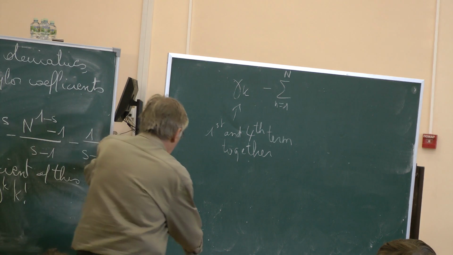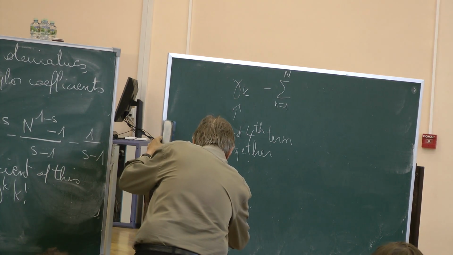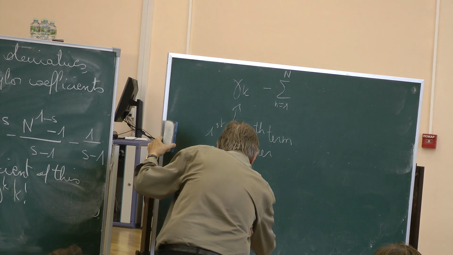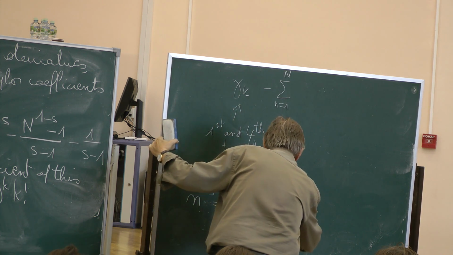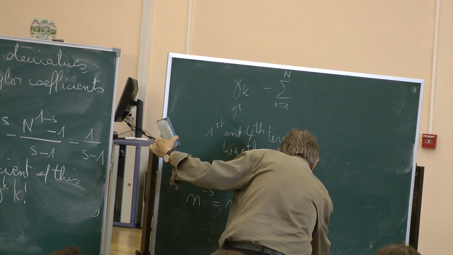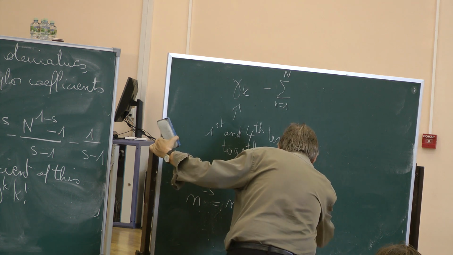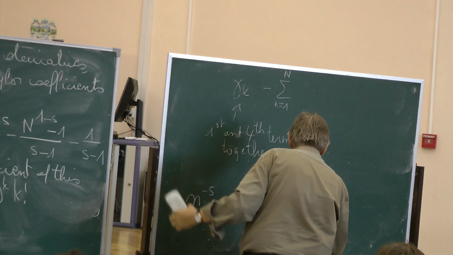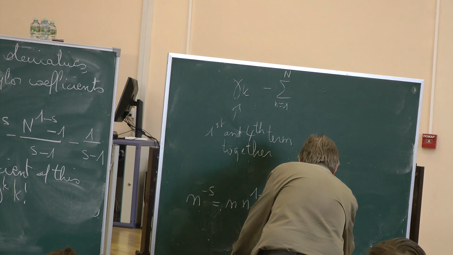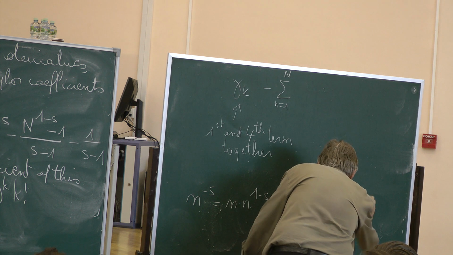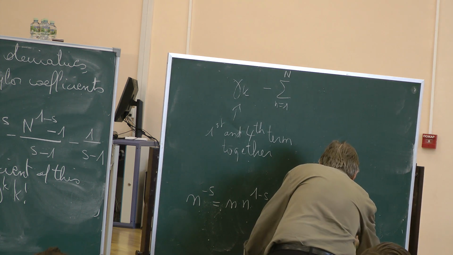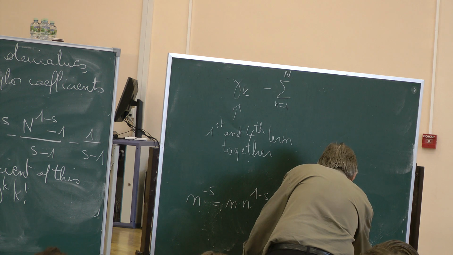So you just write the following thing: n to the minus s is equal to n times n to the 1 minus s, and you expand near 1. This is n times the sum for k going from 0 to infinity, and n to the minus 1 minus s is just 1 minus s to the power k log n to the power k divided by k factorial.